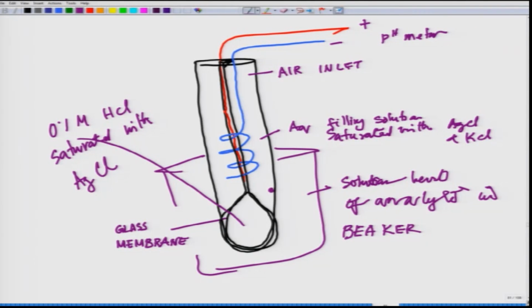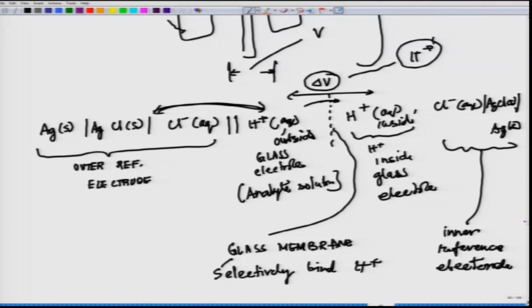And the liquid level of the outer reference electrode is somewhere out here, and the liquid level of the inner reference electrode is somewhere out here. These are the different liquid levels, and AgCl paste is suspended between the two sides of the frit. So, it is a kind of complex geometry, but as long as you understand these basic reactions, it should not be a problem to understand how the basic pH electrode works.